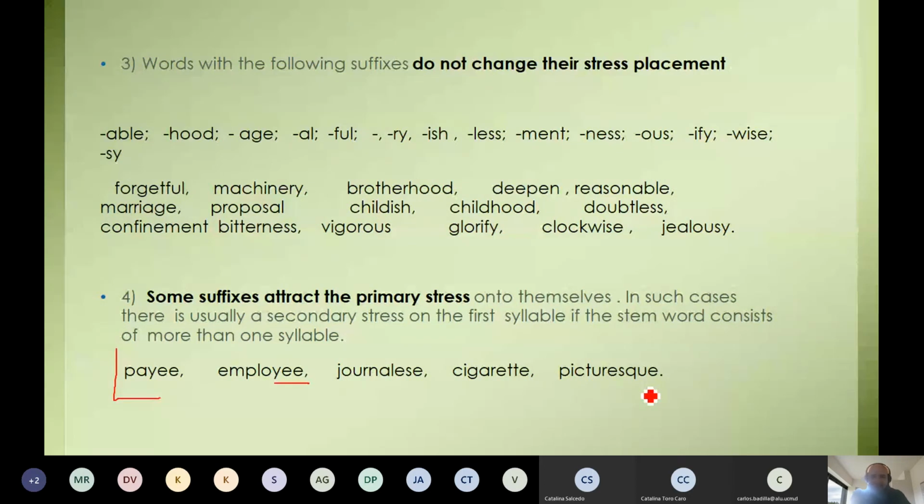Okay, so sometimes we are going to see that some suffixes attract the stress, but in general, most of the suffixes do not change the stress placement. So this would give us some sort of certainty in this quite complex language to handle from the pronunciation perspective.